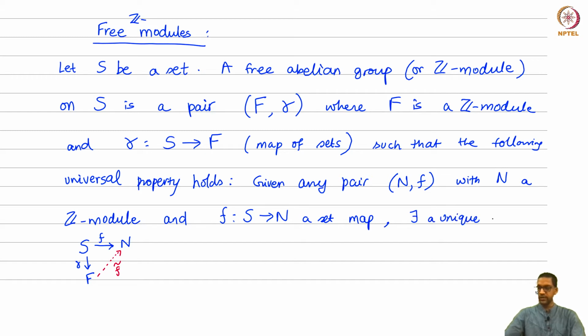There is a unique map F tilde from F to N such that two properties hold: F tilde is a homomorphism of groups, in other words it's a Z linear map, and property 2, the diagram commutes.